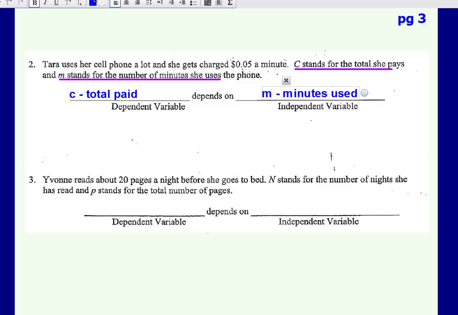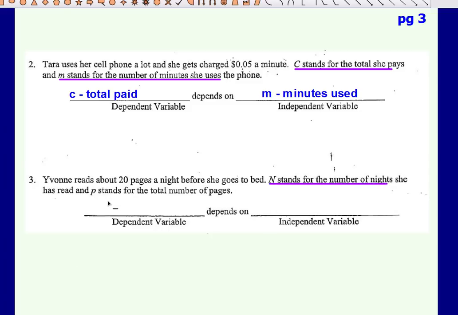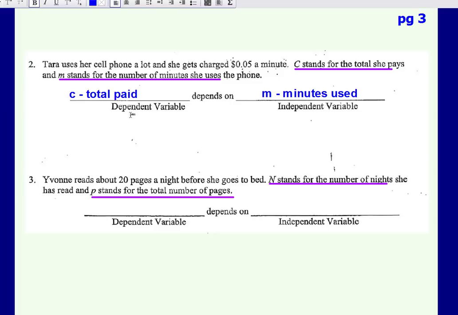And number 3, Yvonne reads about 20 pages a night before she goes to bed. N stands for the number of nights she has read, and P stands for the total number of pages. So again, what can you freely change? Can you freely change the number of nights she has read, or can you freely change the total number of pages? The number of nights, that can be changed.